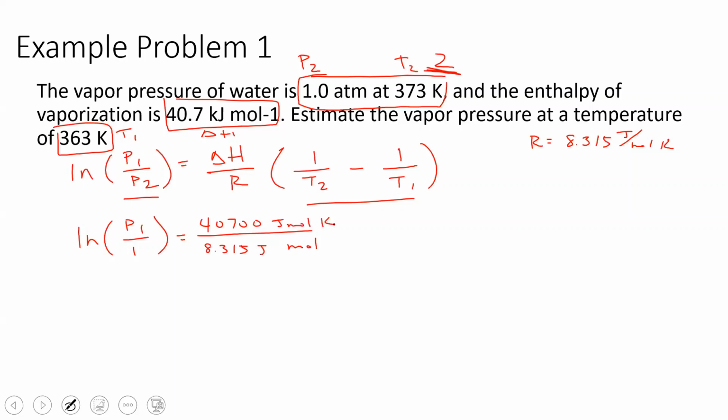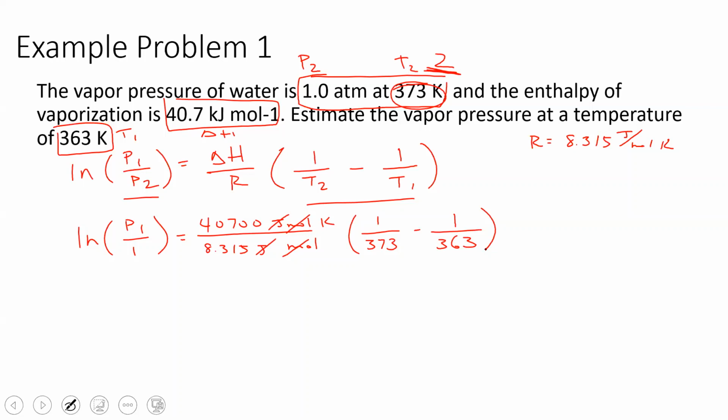So these joules cancel out and these moles as well. We have 1 over, which one did we say was T2? We're going to work with 373, minus 1 over 363.